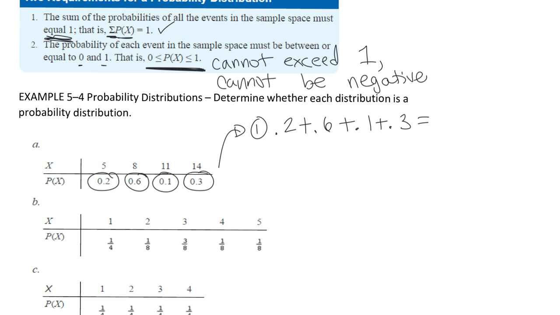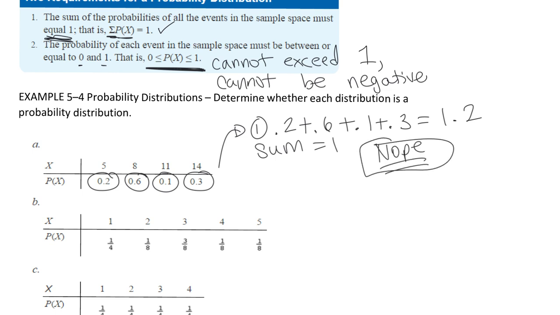I'm adding those together, and I get 1.2. Nope, that's not good. It has to be exactly 1. The sum has to equal 1, so no. It is not a probability distribution, because the sum of the probabilities should equal 1.